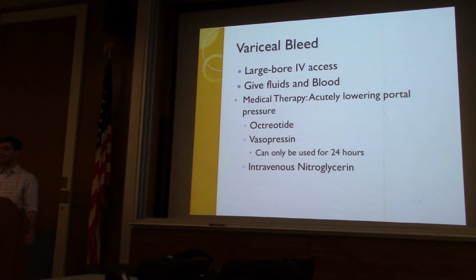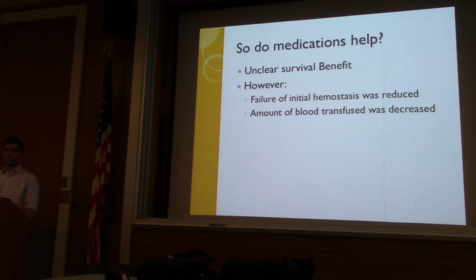So octreotide, vasopressin, IV nitroglycerin are the mainstays of therapy. What they really do is, you have this increase in portal pressure, and you're going to use vasoconstriction to decrease inflow, and nitroglycerin to hopefully locally vasodilate, and octreotide to also decrease portal hypertension. And so hopefully you'll be able to reduce the pressure in the varices and stop the bleeding.